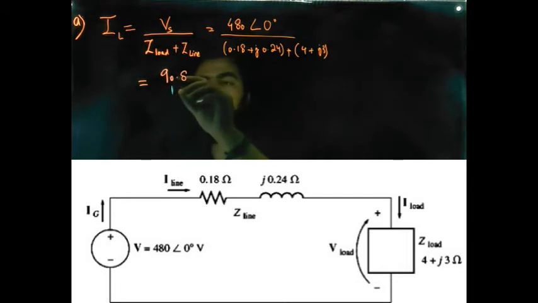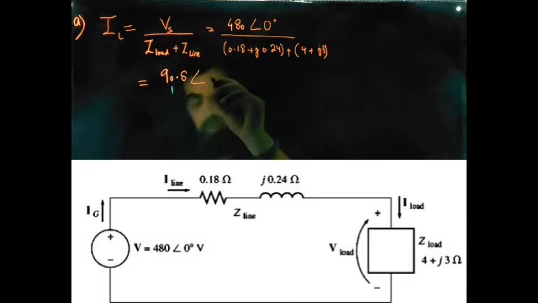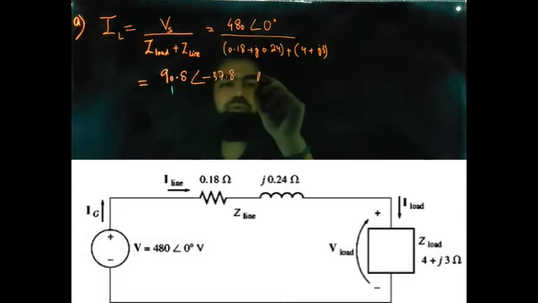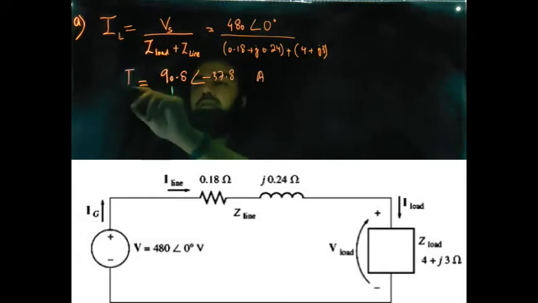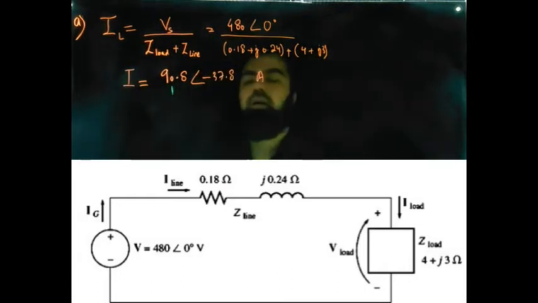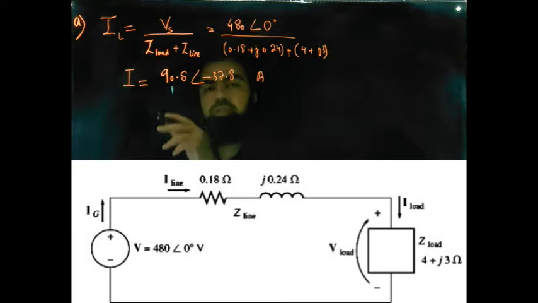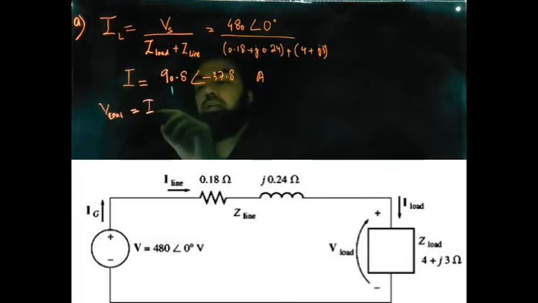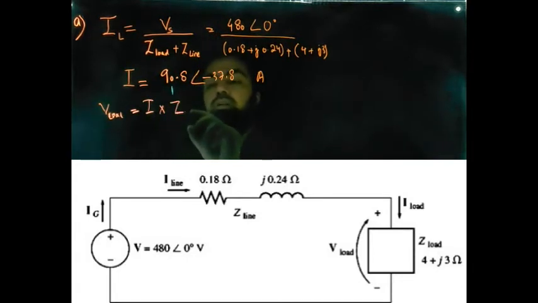So you will get 90.8 angle minus 37.8 degrees. Fine. So these many amperes is the current flowing in this circuit. Now if this is the current flowing in the circuit, the voltage across the load, V out or V load, is equal to I into Z load.